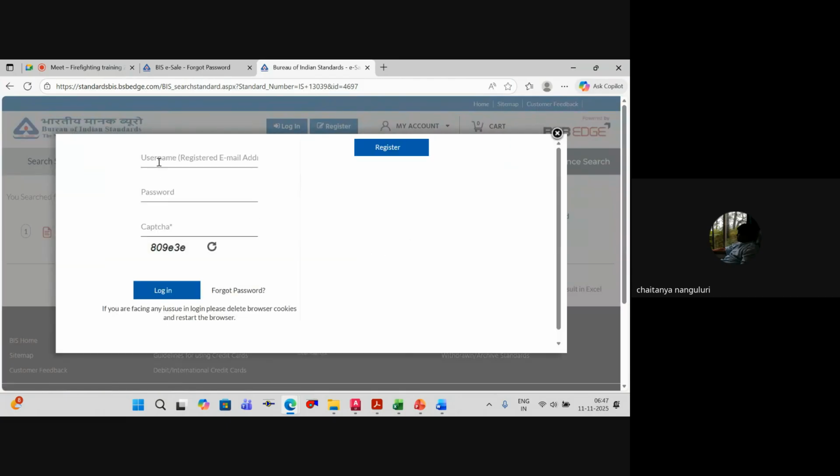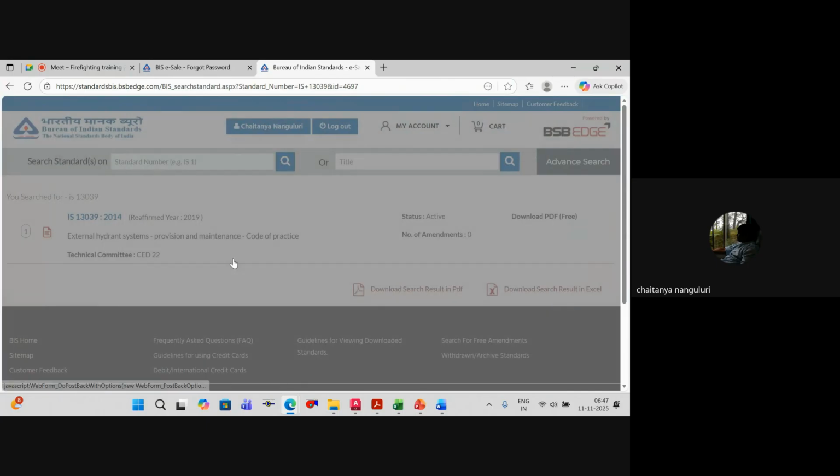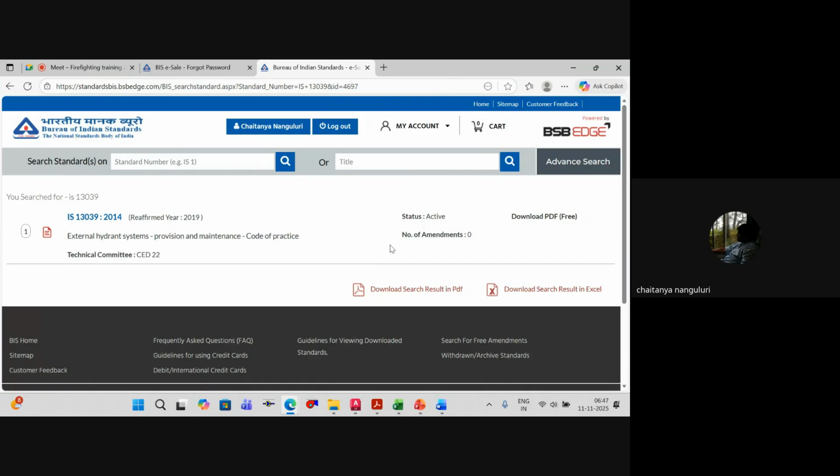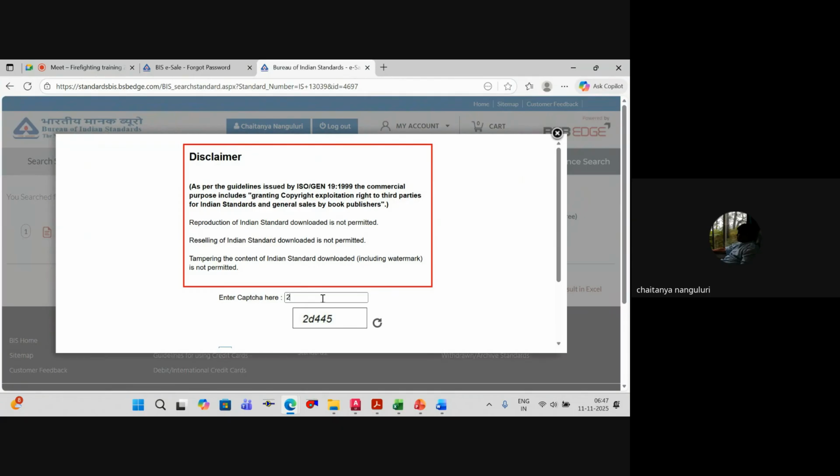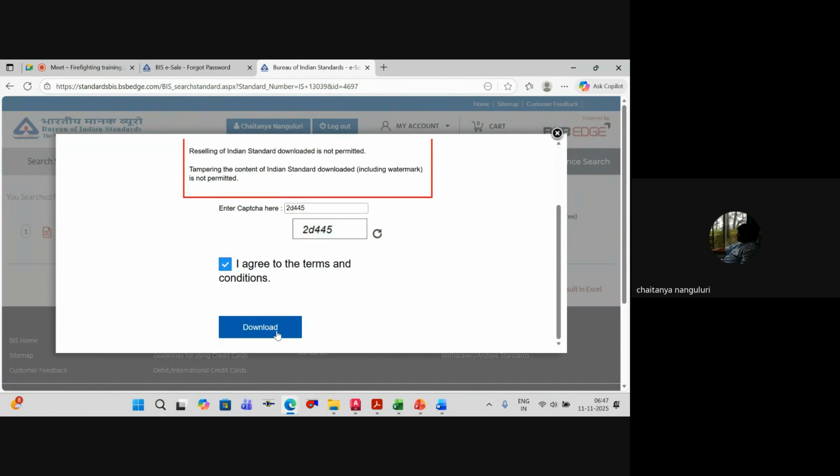It captures, and it will download the updated version.